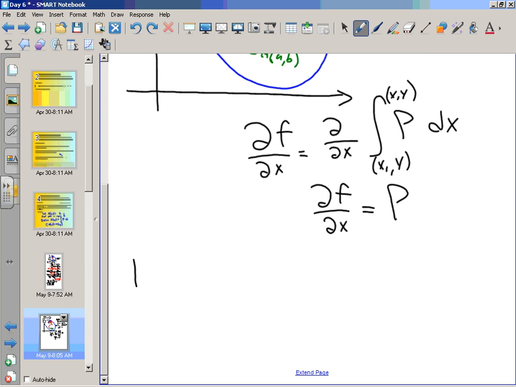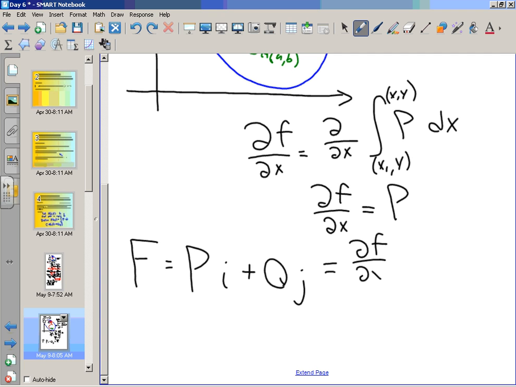So, in other words, F, which equals Pi plus Qj, equals the gradient of f with respect to x, i, plus the gradient of f with respect to y, j, and we recognize that.